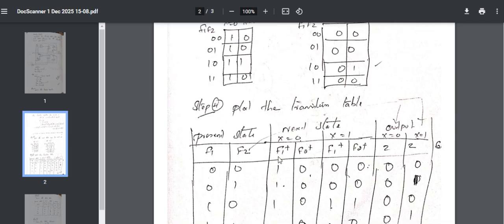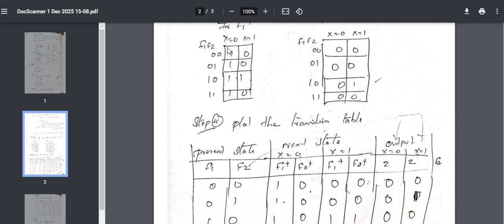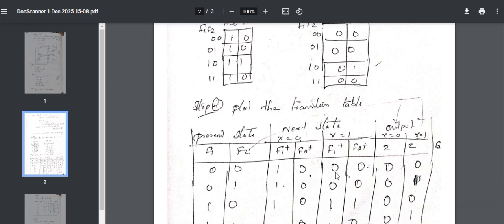It is directly taken from the step 3 table. See, the step 3 table as it is, 1111 is written here, and 0010 is for x equal to 1. It is written as it is.